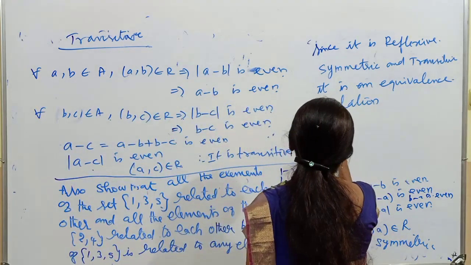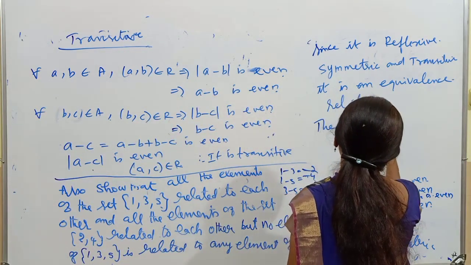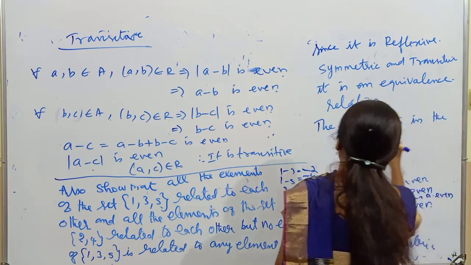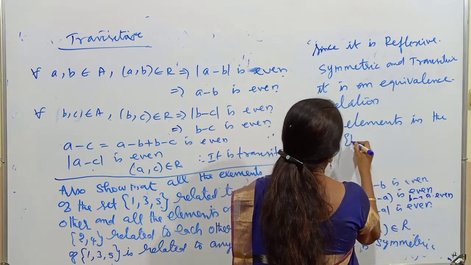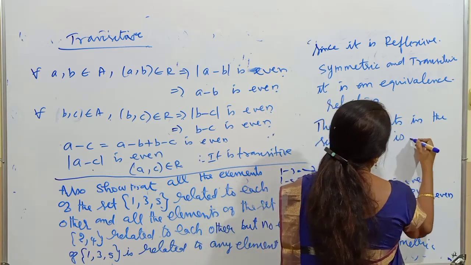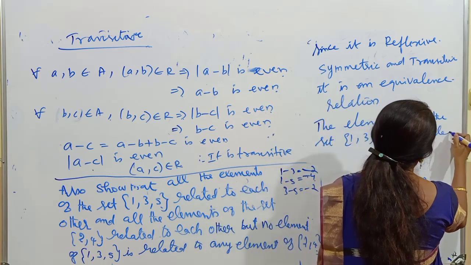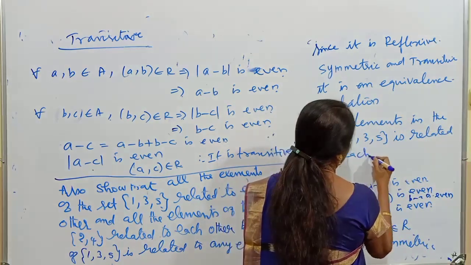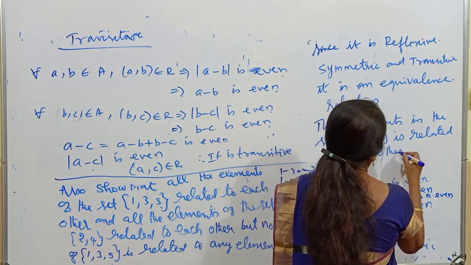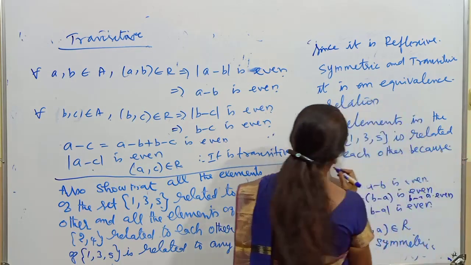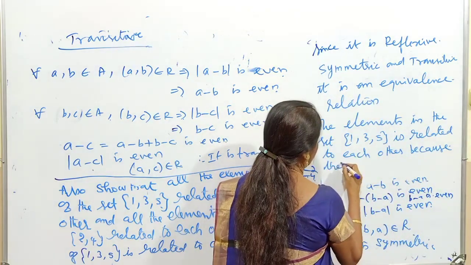Therefore the elements in the set 1, 3, 5 are related to each other because their difference is even.